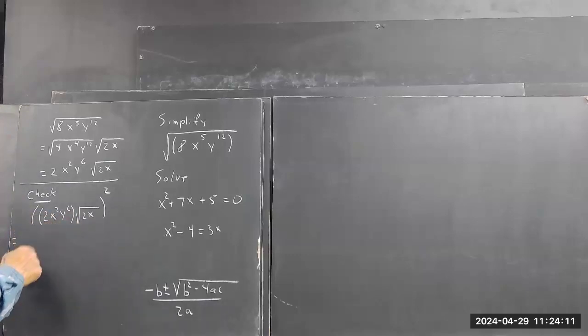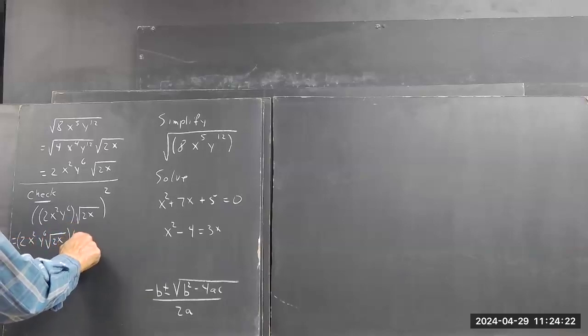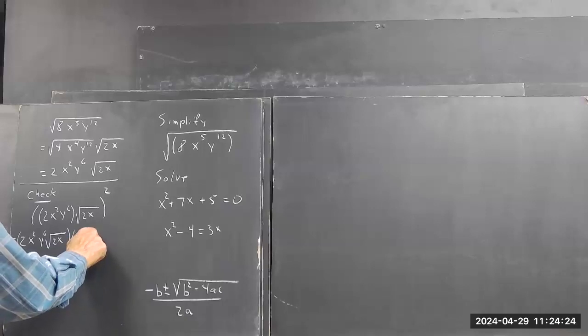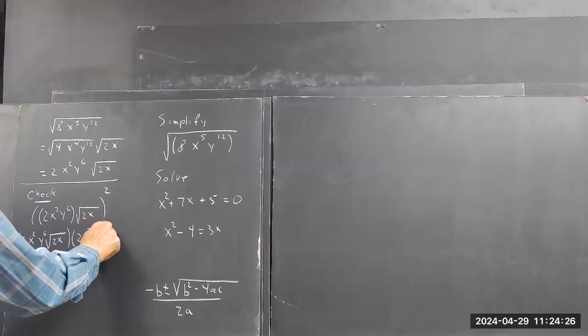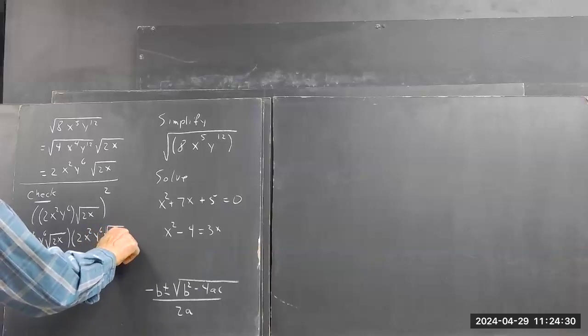So I simply write this as 2x squared y to the 6th square root of 2x multiplied by 2x squared y to the 6th multiplied by the square root of 2x.